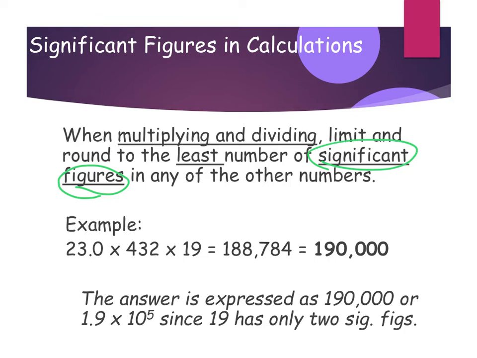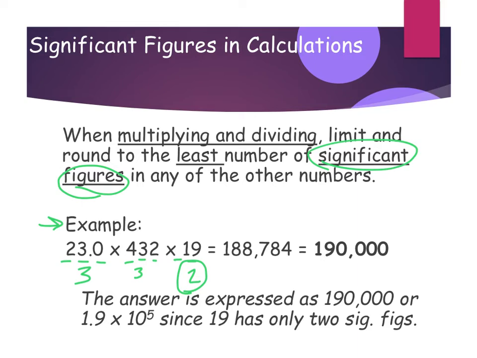So as I go through and I multiply 3 numbers in this example, I count 1, 2, 3 significant figures for the 23.0, 1, 2, 3 significant figures for the 432, and only 2 significant figures for the 19. Of these 3 options, the 2 is my least number of significant figures.